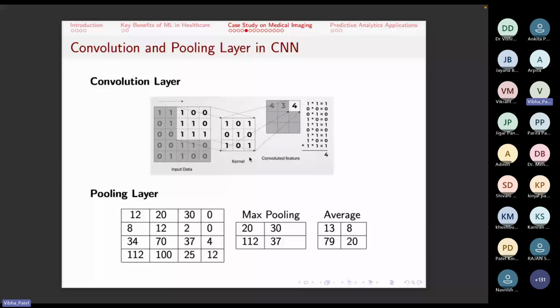Whatever value has been represented here, 434, is a feature value extracted by the filter which has been applied. This 3x3 kernel is a filter that has been applied on the original image, and if you continue applying this kernel on the complete image, you'll end up getting a 3x3 feature map.